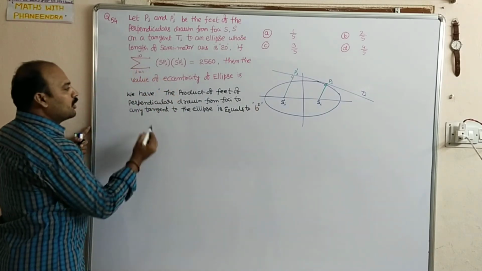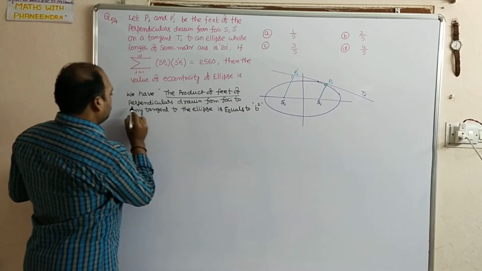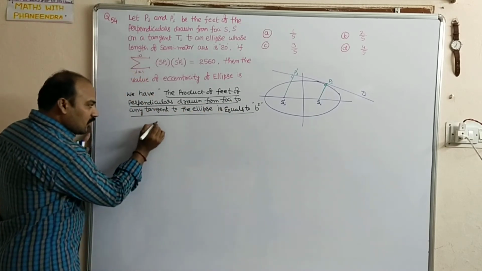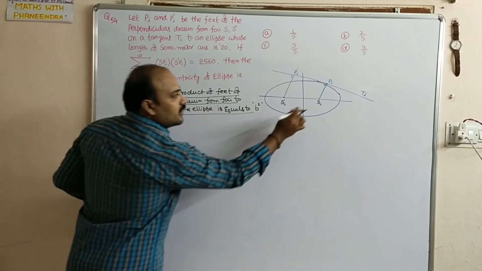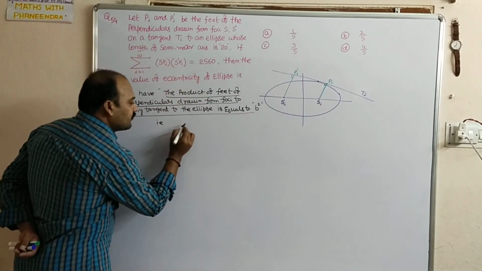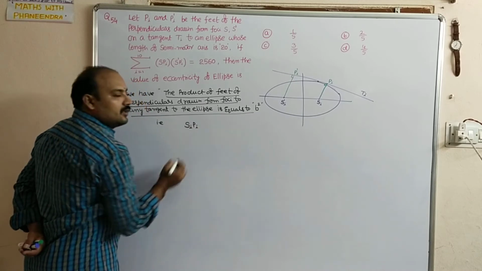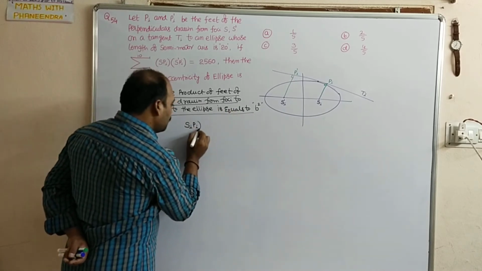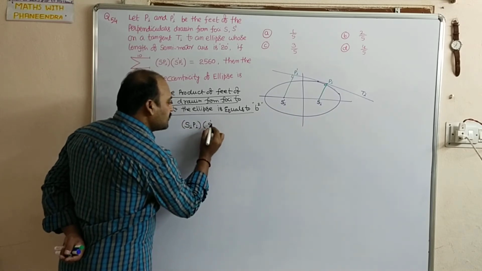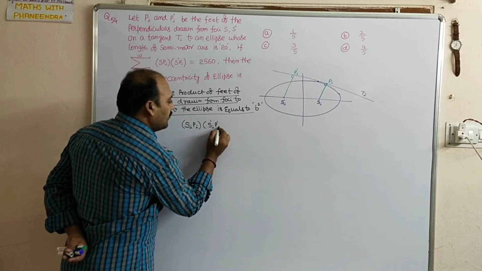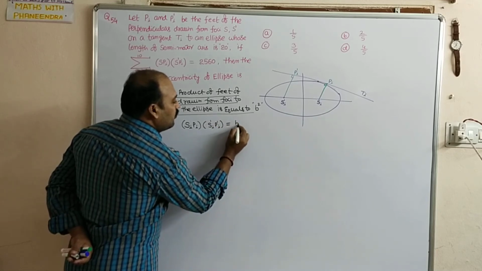This is a very, very important point. So according to the figure, SiPi into S dash i P dash i is equal to b squared.